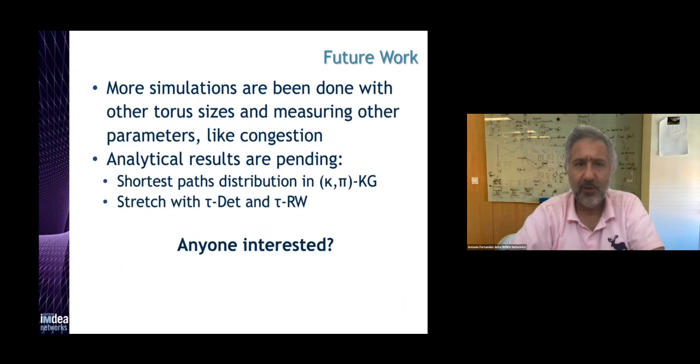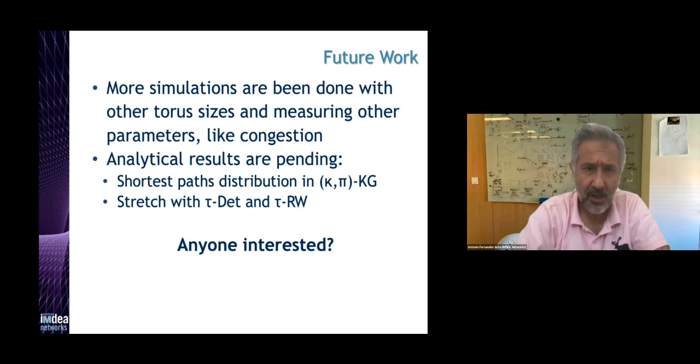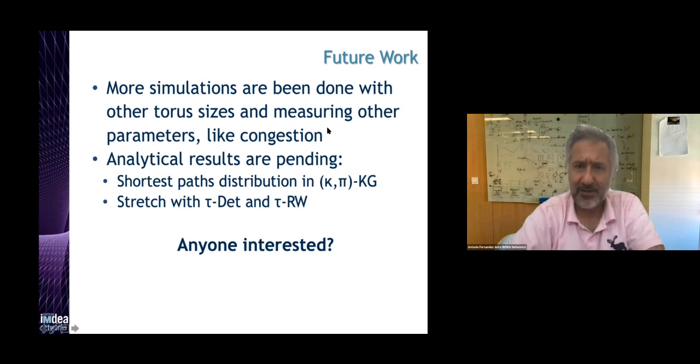And what are we doing now? Well, we're running more simulations, more sizes of torus, because we only simulated 101 by 101. We're looking at other parameters like congestion. In fact, I didn't present them, but the topology that we have and the routing that we have has nice congestion properties.